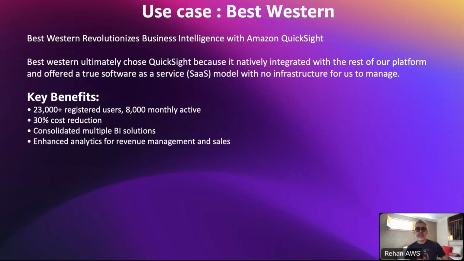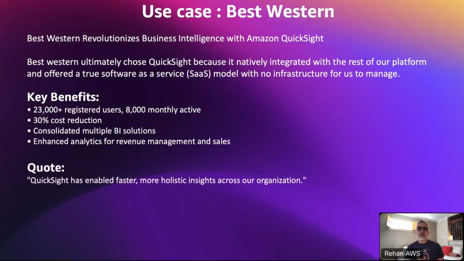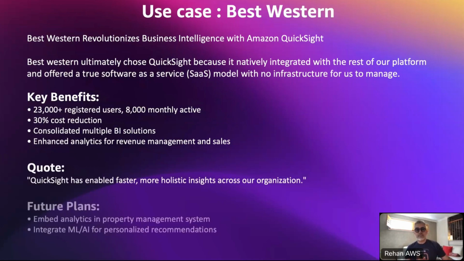In their own words, QuickSight has enabled faster, more holistic insights across our organization. Some of their future plans are embedded analytics in their property management system, as well as integrating AI/ML for personalized recommendations.